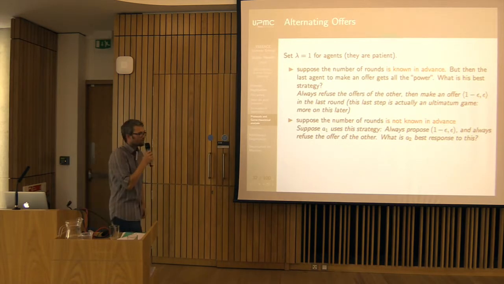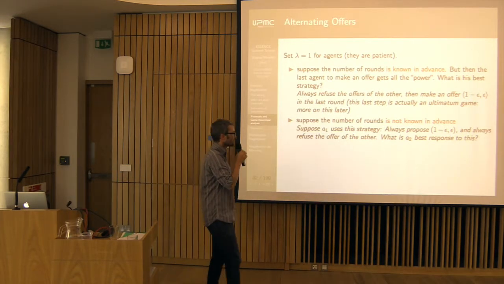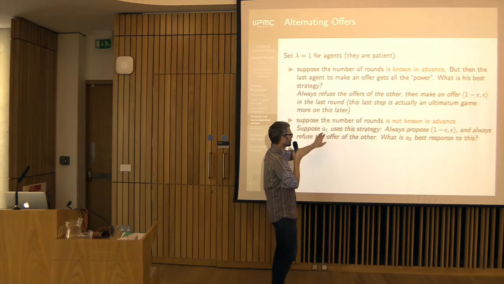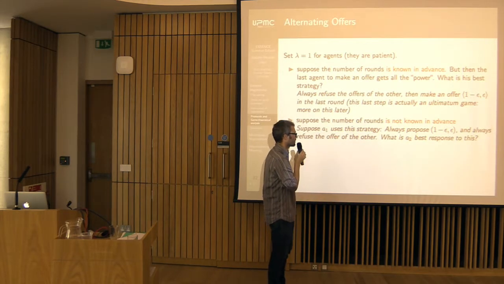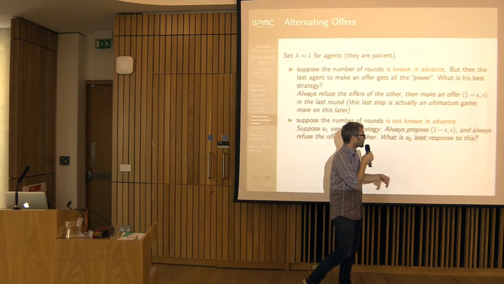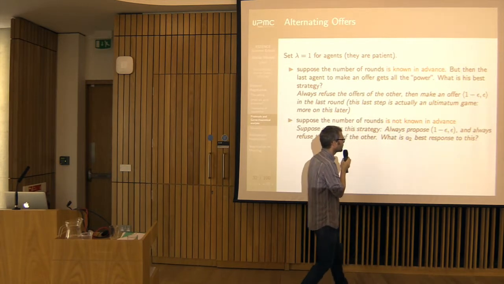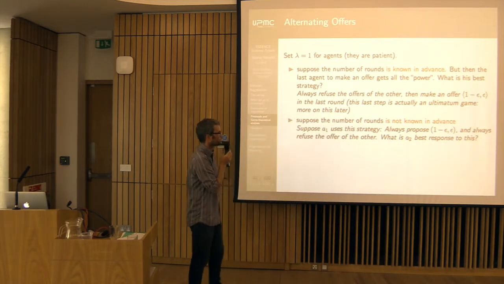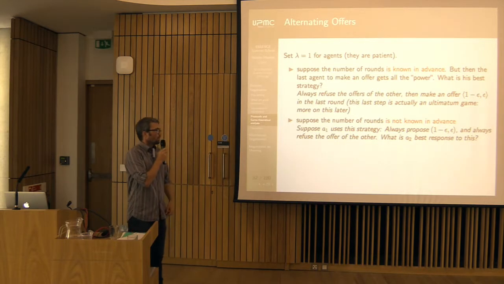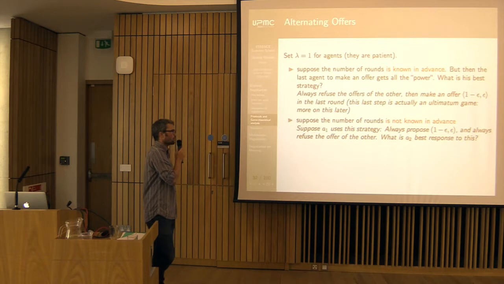If the number of rounds is not known in advance, suppose agent 1 uses this strategy. You always propose, I'll take everything, I'll give you some epsilon, and you always refuse the offer of the other.